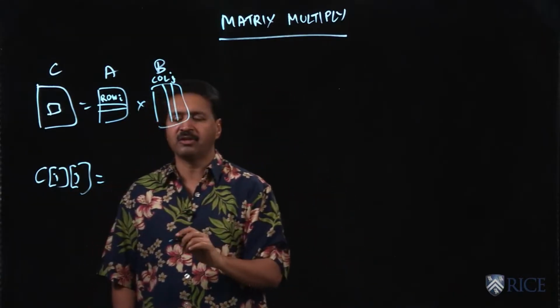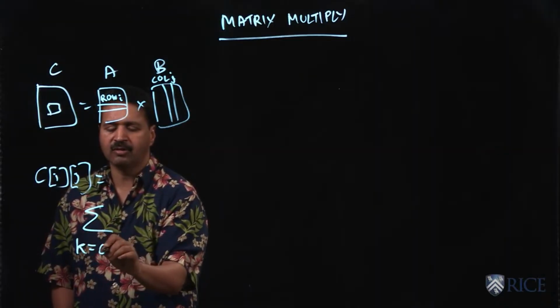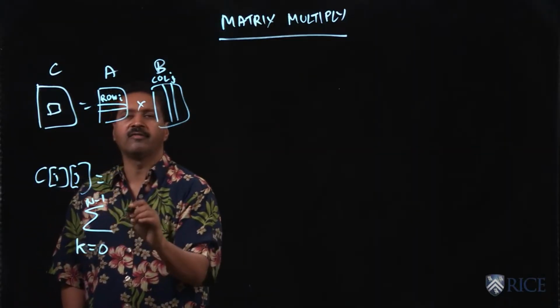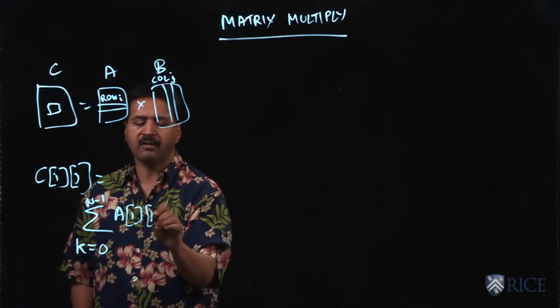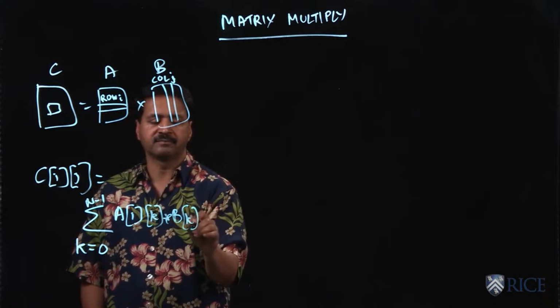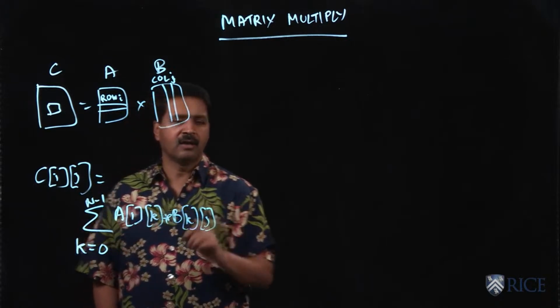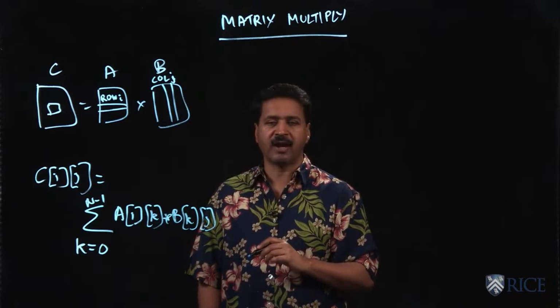And that can be expressed mathematically as a summation, k going from 0 to n minus 1, of a sub ik times b sub kj. Now, our interest is in running this computation in parallel.